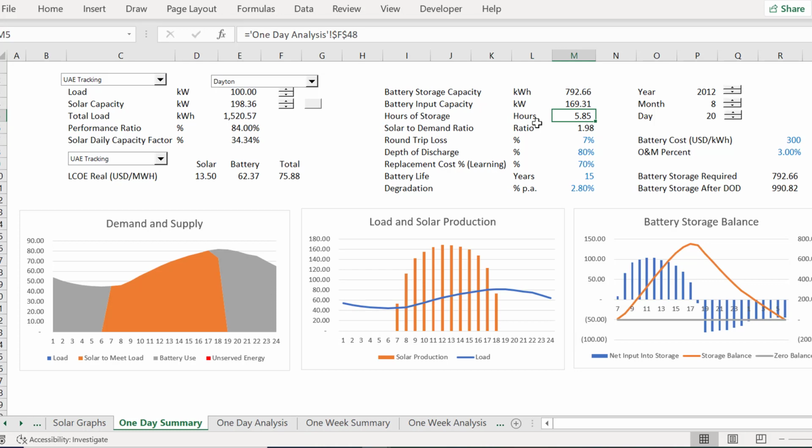You need 5 hours of storage to meet your kilowatt hour of demand. To meet this kilowatt hour for the day, here's the maximum demand you have for the day, the maximum amount you're going to use in 1 hour. And here's the solar capacity you need. This is the kilowatt hours you use over the day. Total load demand.